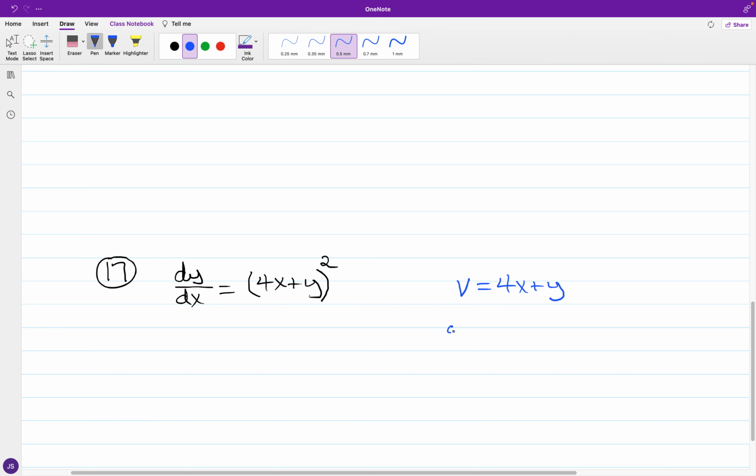and just taking the derivative with respect to x, I'm going to have dv over dx is equal to 4 plus dy over dx. Rewriting this statement in terms of dy over dx, that is equal to dv over dx minus 4.